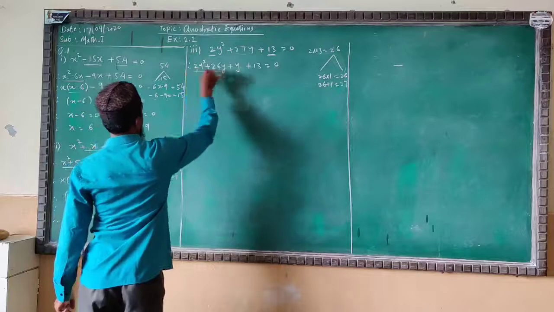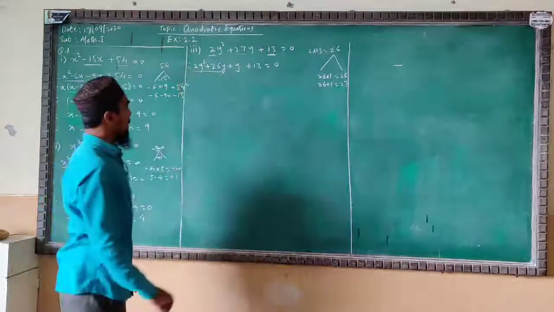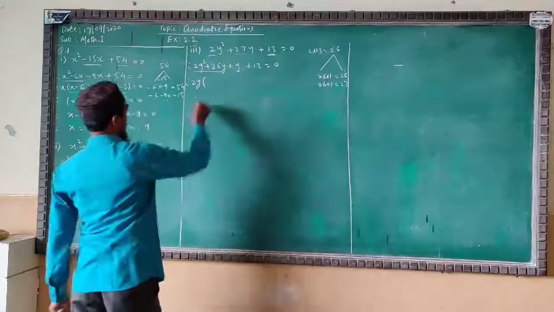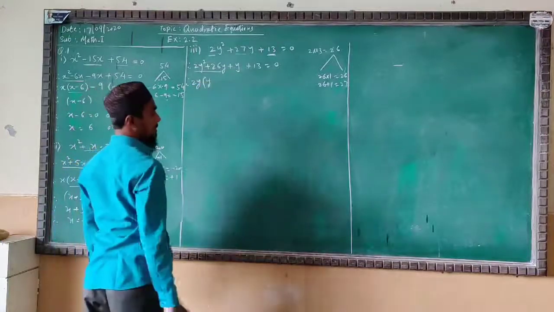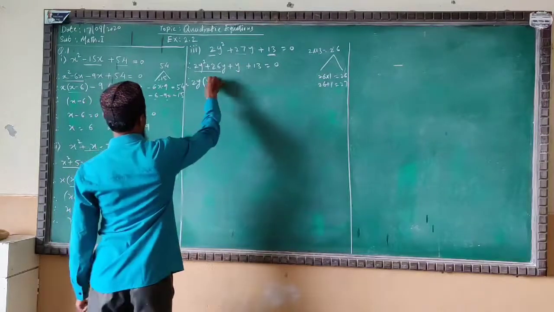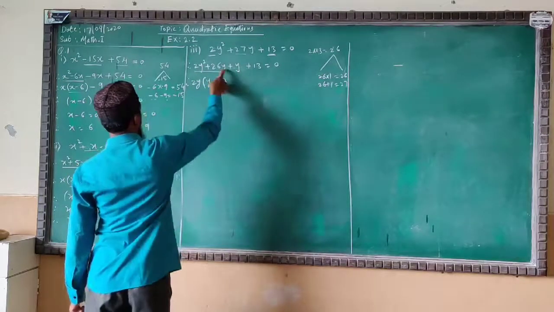Here we have 2y as a common, we'll take it inside the bracket. Take the y only, 2y into y, you will get 2y square, and here we'll take the 13. Y is already there.